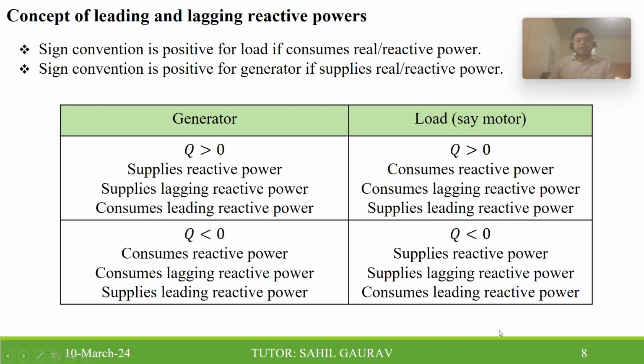Now the last point: if Q is negative for a load, it means that it supplies reactive power, it supplies lagging reactive power, and reversing the terms, it consumes leading reactive power.